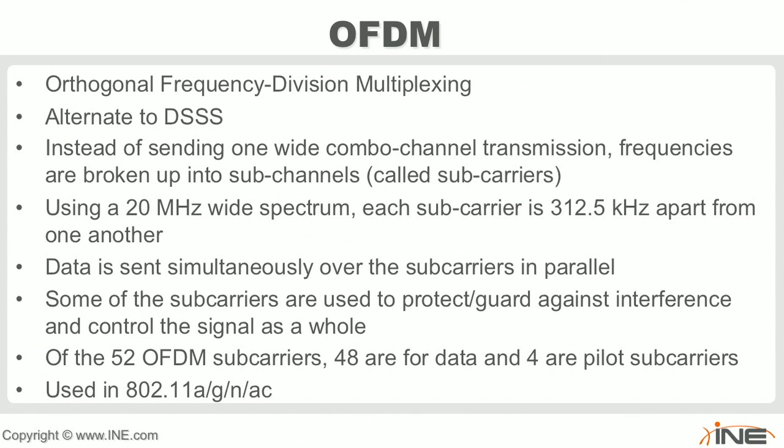With FDM, we're cutting up sub-channels or sub-frequencies, sub-carriers, and each sub-carrier is going to be 312.5 kilohertz apart from one another, or 3,125 hertz apart from one another. Data is sent simultaneously over these sub-channels or sub-carriers in parallel to one another.